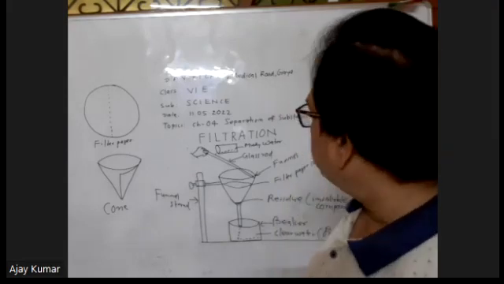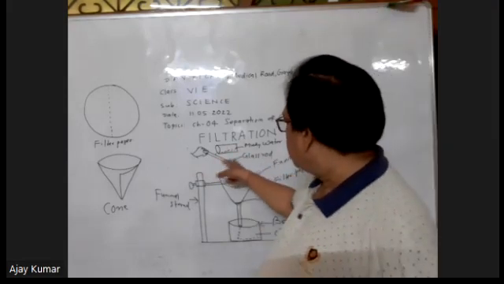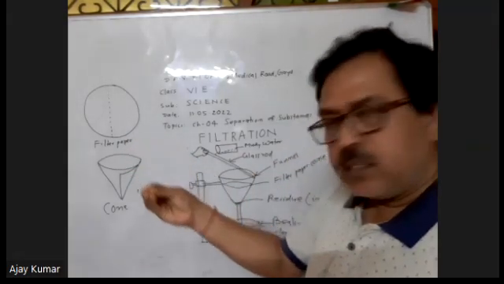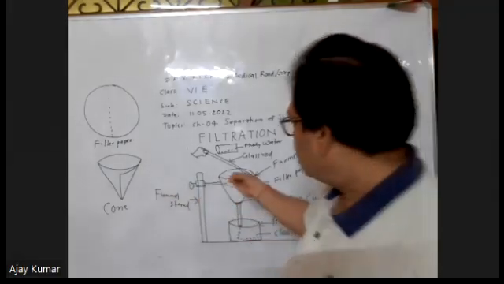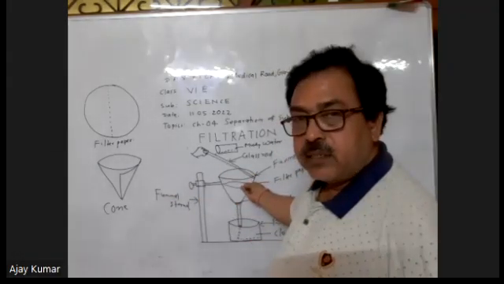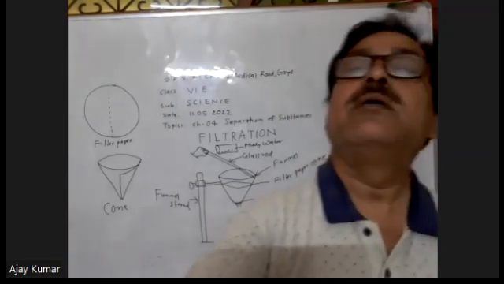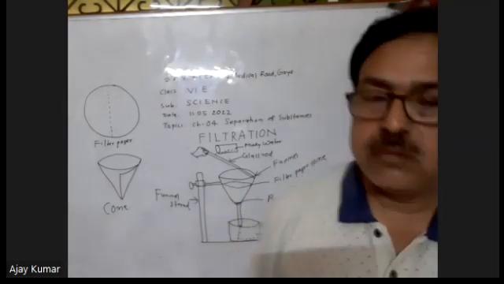When you pour the muddy water on the glass rod, the muddy water slides and enters into the cone-shaped filter.